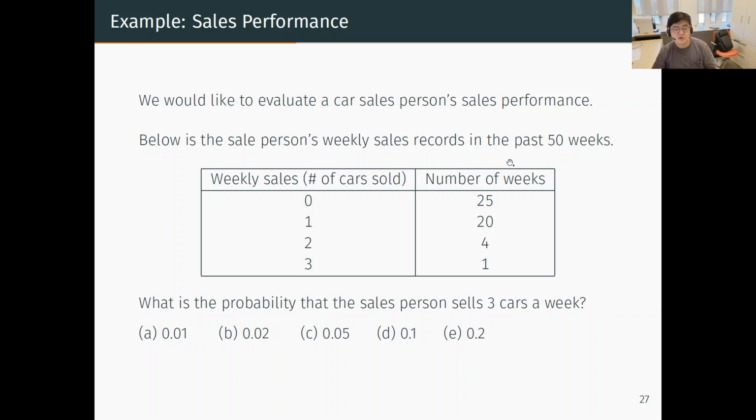You looked at her past weekly reports on how many cars she sold in each week, and from the past 50 weeks of observations, you found that in 25 weeks she could not sell any car, in 20 weeks she sold one car per week, in 4 weeks she sold two cars, and in one very lucky week she sold three cars.